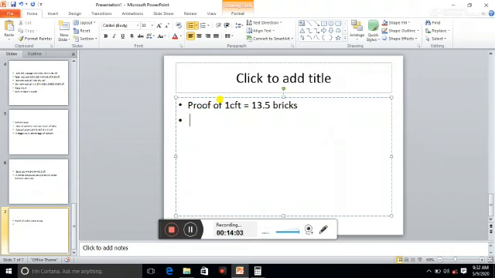So first of all we will find the volume of one brick.